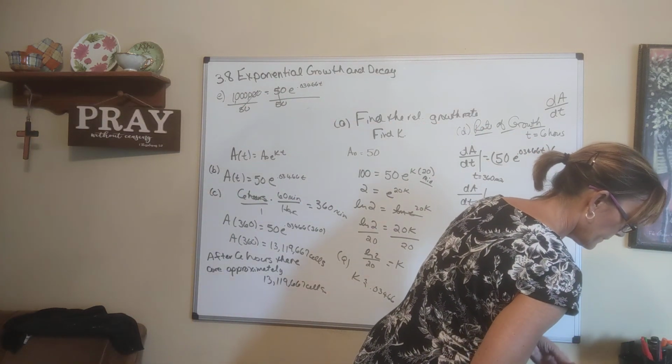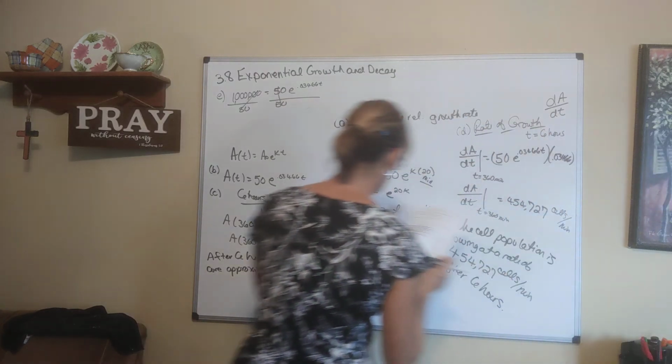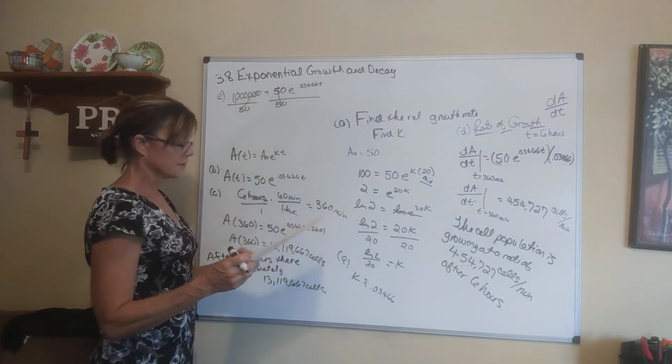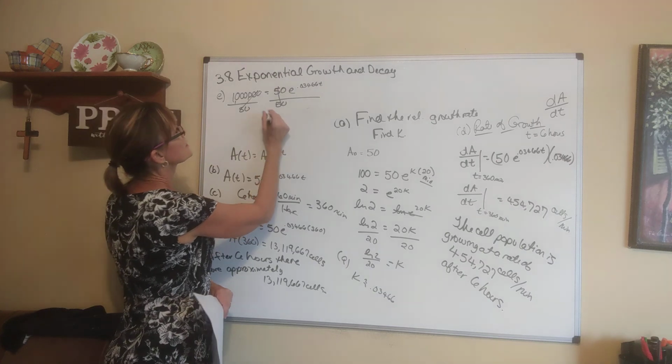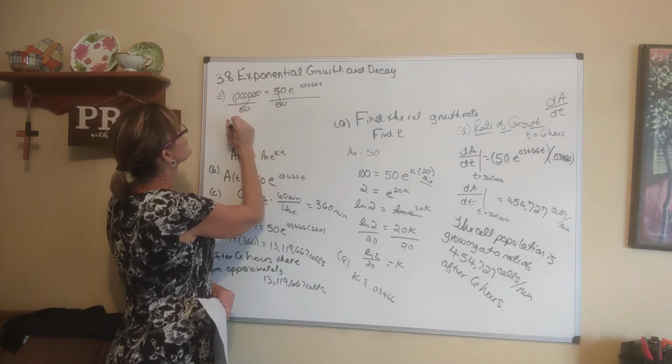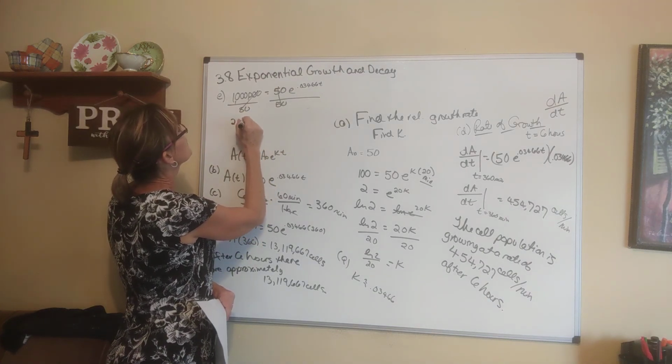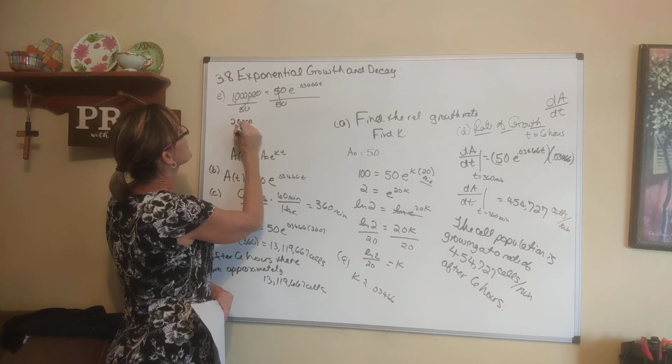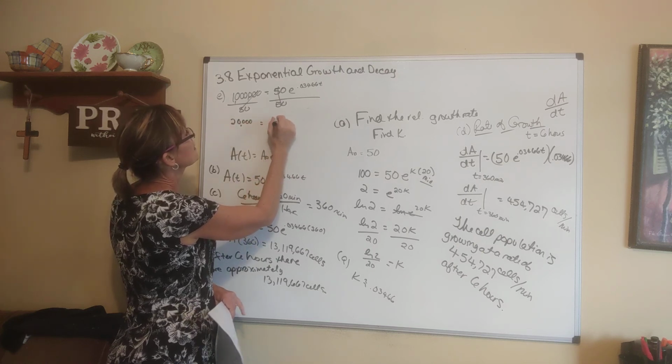and what we get here is, what do I get? 50 goes into that. Oh, I skipped some steps here, so whatever that is, I think 20,000 is what I get there.